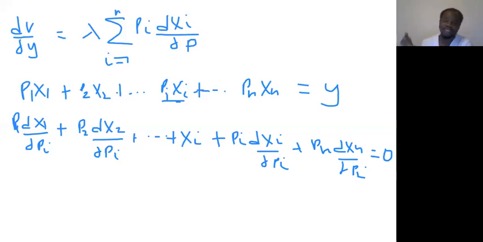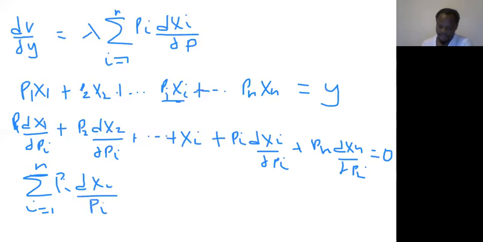But if price changes, it can change the quantity of S1, S2 that you are going to buy. It's okay. So when I sum up this expression, I'm going to have the summation of i equals 1 up to n of pi dxi over pi, right?